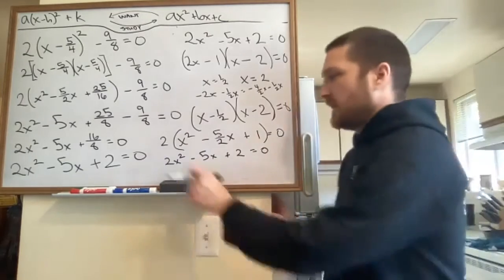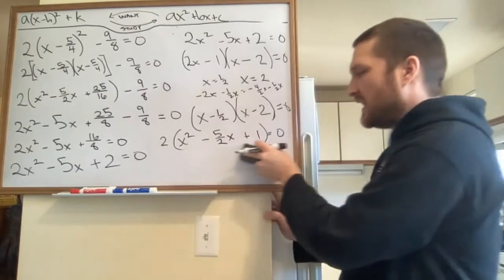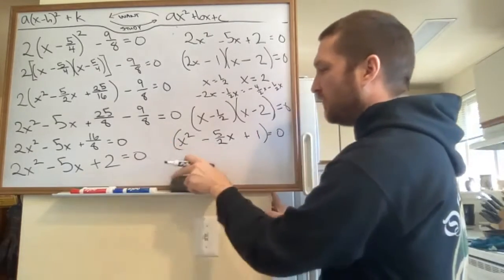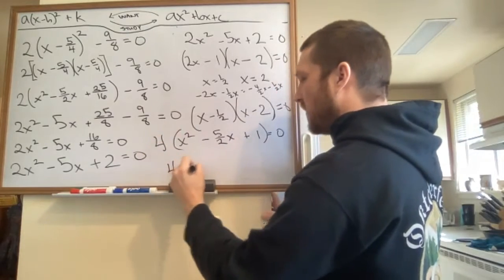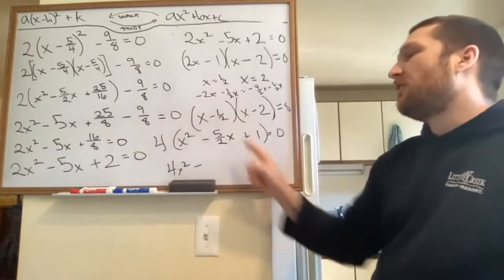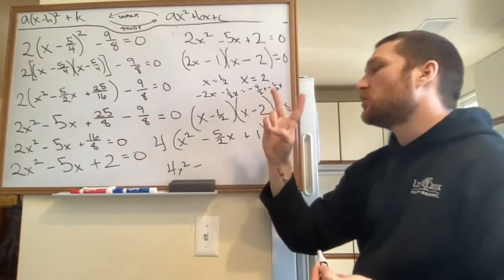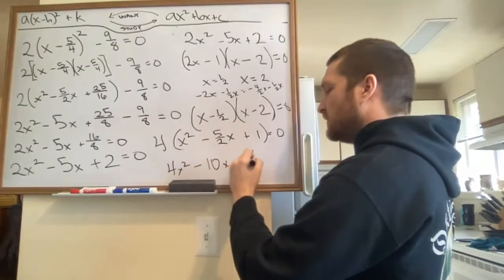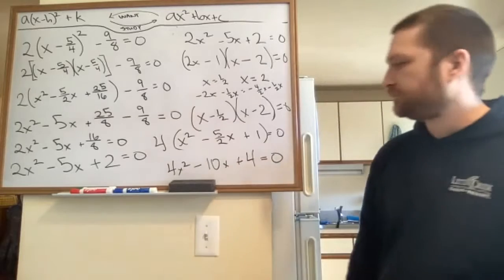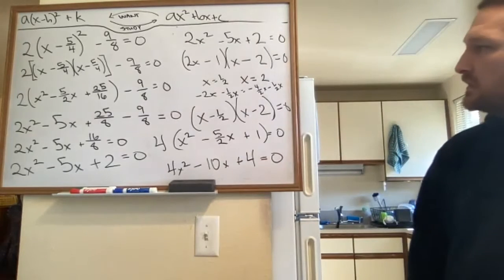But hey, wait a second. It would have been the same if I had multiplied it by, oh, I don't know, 4. If I took 4, I would have 4x squared minus 4 divided by 2 is 2. So 2 times 5 is 10x plus 4 equals 0 in every one of these cases.